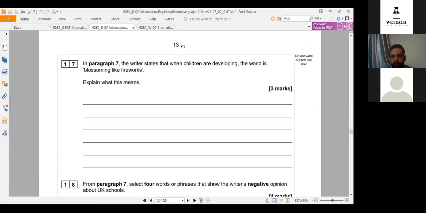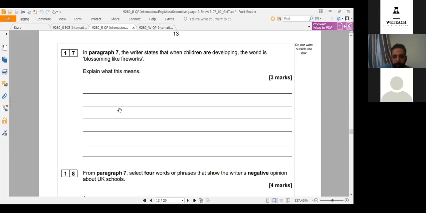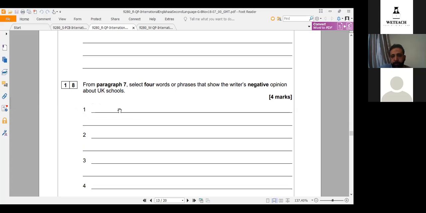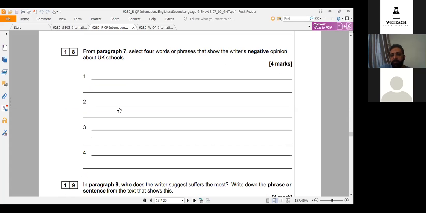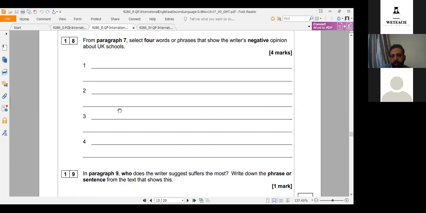The next one asks some questions about the meaning of words, like the words written between the brackets over here. What do they mean? And he asks for 3 marks. The 3 marks will be obtained easily if your answers are up to the point. Next, some following questions ask you to give 4 reasons, give 4 issues.